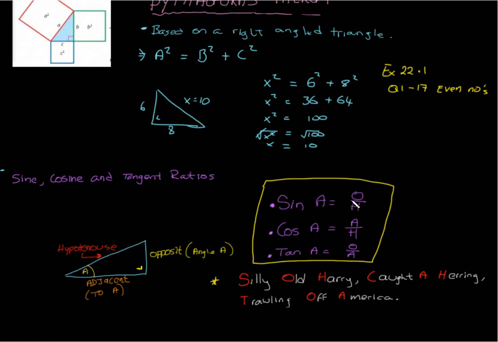Caught a herring. Trawling off America. So silly old Harry caught a herring trawling off America. So that is an easy way to remember these trig ratios there for yourself.